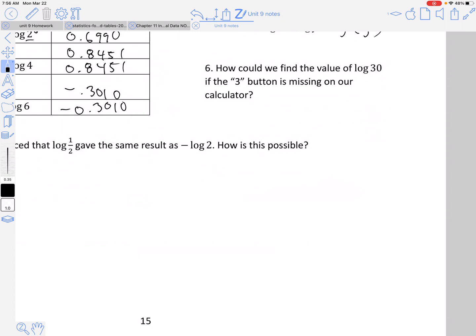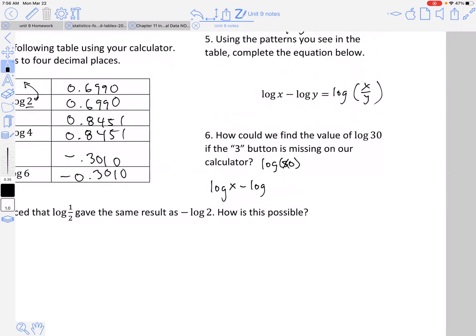So similar idea, what if we wanted to create log 30, but we didn't have that button, right? We didn't have that 3 button. 3 was gone, but we still need to find log of 30. Well, let's think about it. We can do log of x minus log y will equal log of x divided by y.